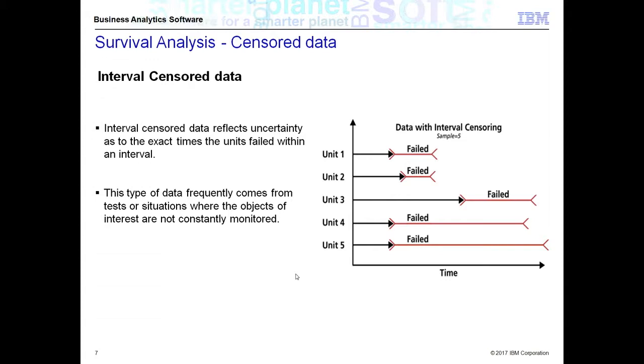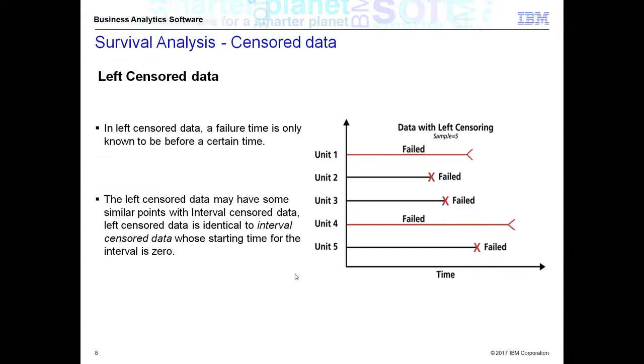If we inspected a certain unit at 100 hours and found it operating, and then performed another inspection at 200 hours to find that the unit is no longer operating, then the only information we have is that the unit failed at some point in the interval between 100 and 200 hours. This type of censored data is also called inspection data by some.